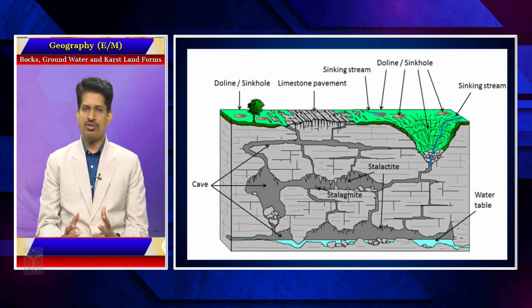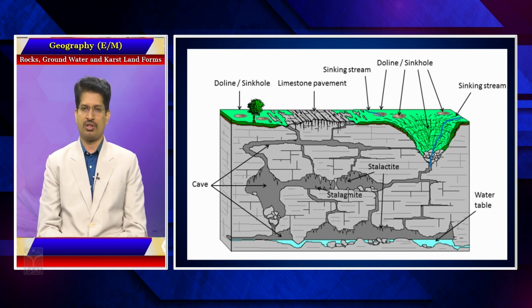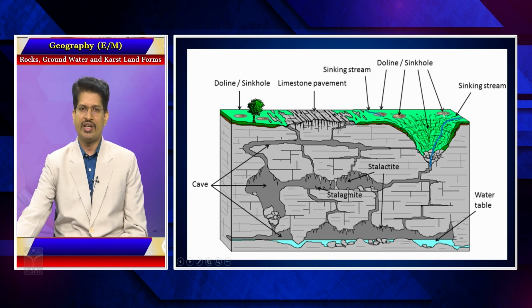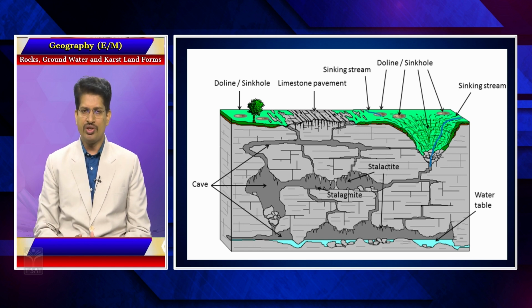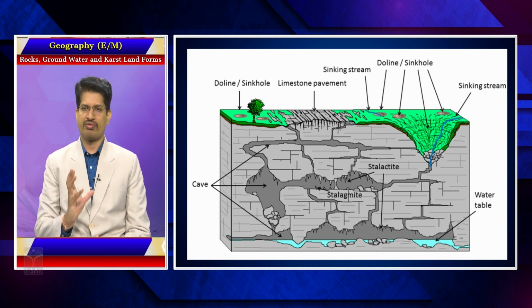A sinkhole is a funnel shaped depression formed because of the solutional activity, because this is formed by limestone or dolomite, which dissolves in precipitated water, leading to the formation of a funnel shaped depression, which is described as a sinkhole.